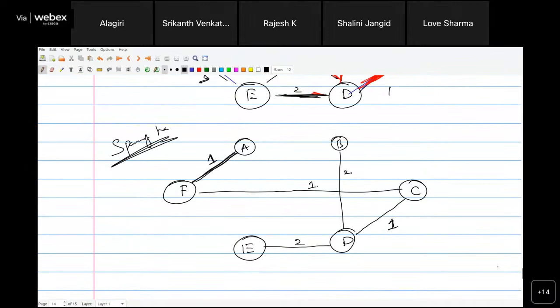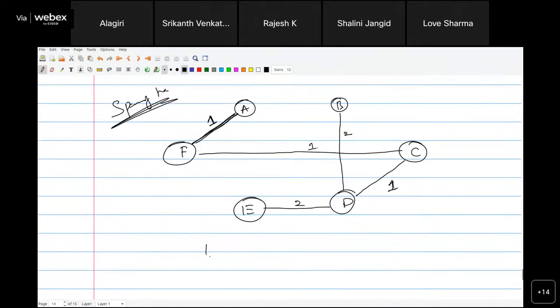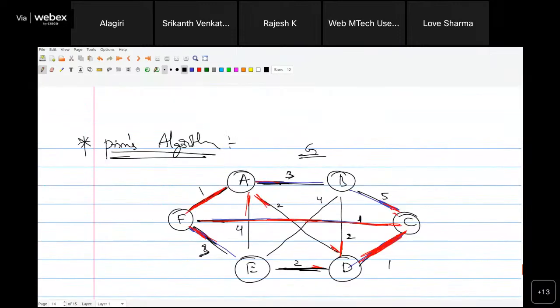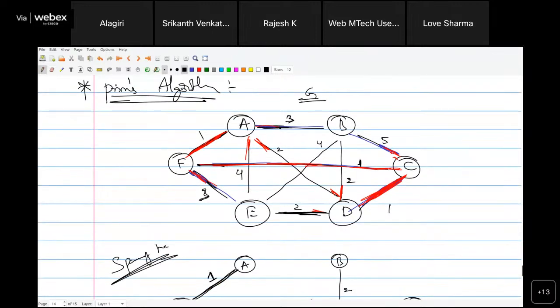So the cost of this spanning tree will be 1 plus 1 plus 1 plus 2 plus 2, which is 4 plus 3, 7. So no other spanning tree will give you less cost than 7. You can check by picking any spanning tree randomly.